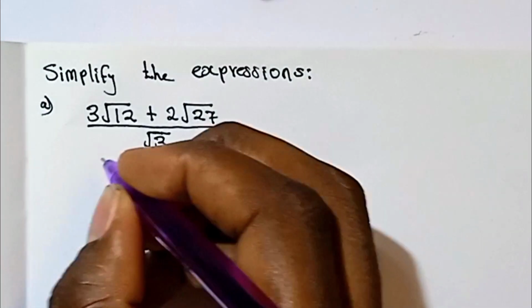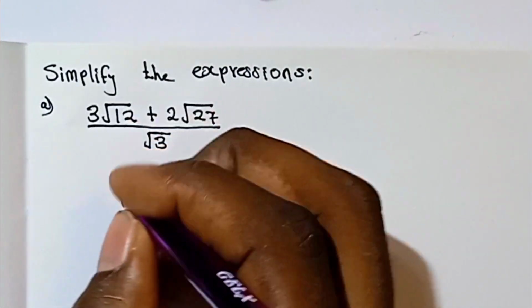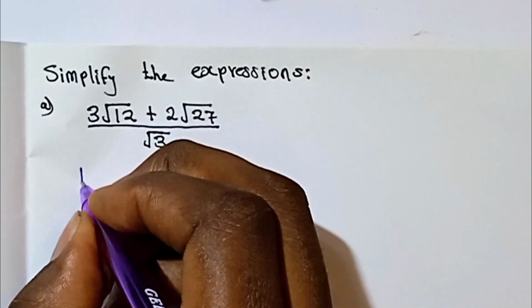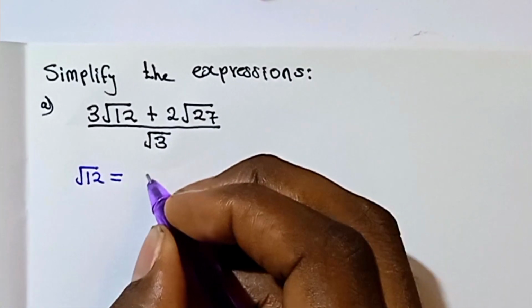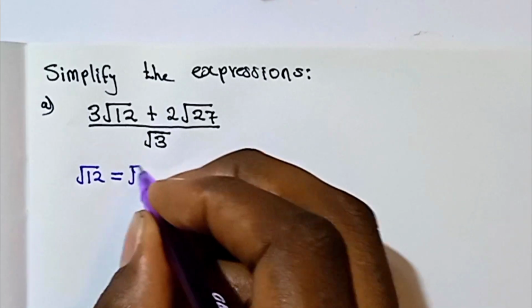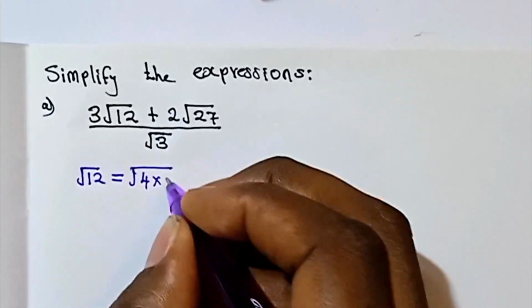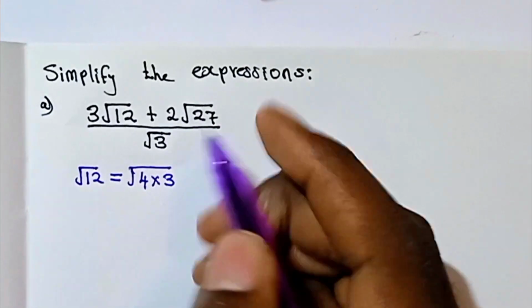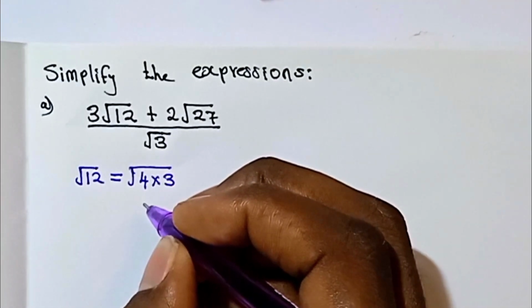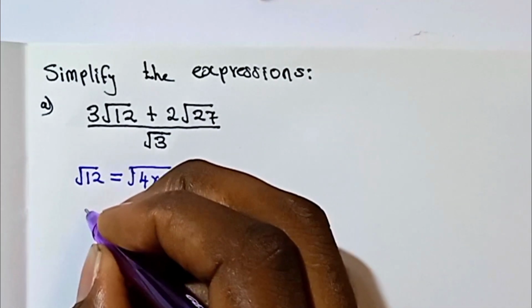When we multiply 3 and 4, we are going to have 12. So we can rewrite root 12 as the square root of 4 times 3, and 27 we can rewrite as 9 and 3.